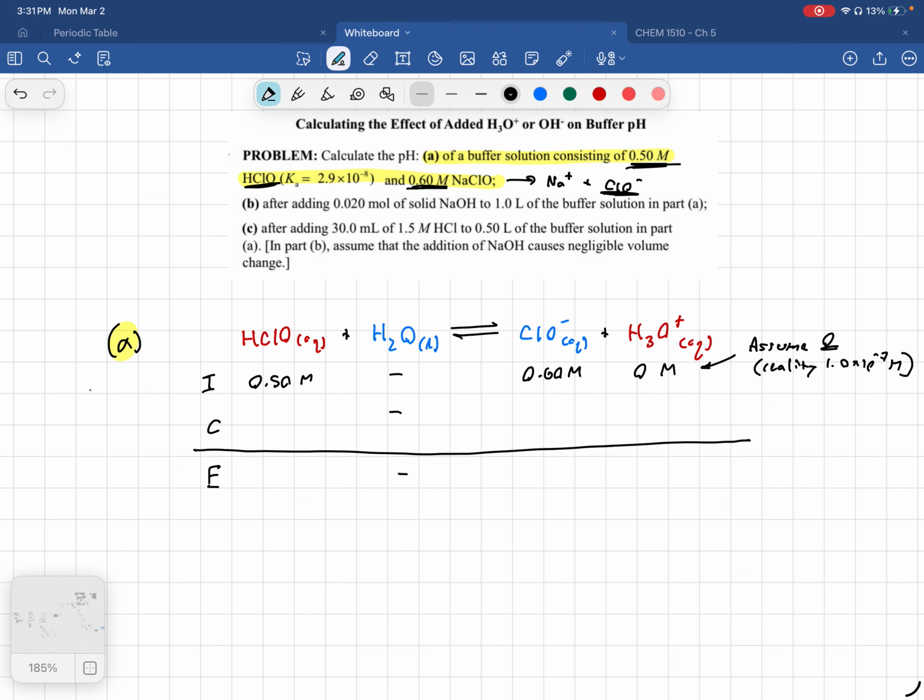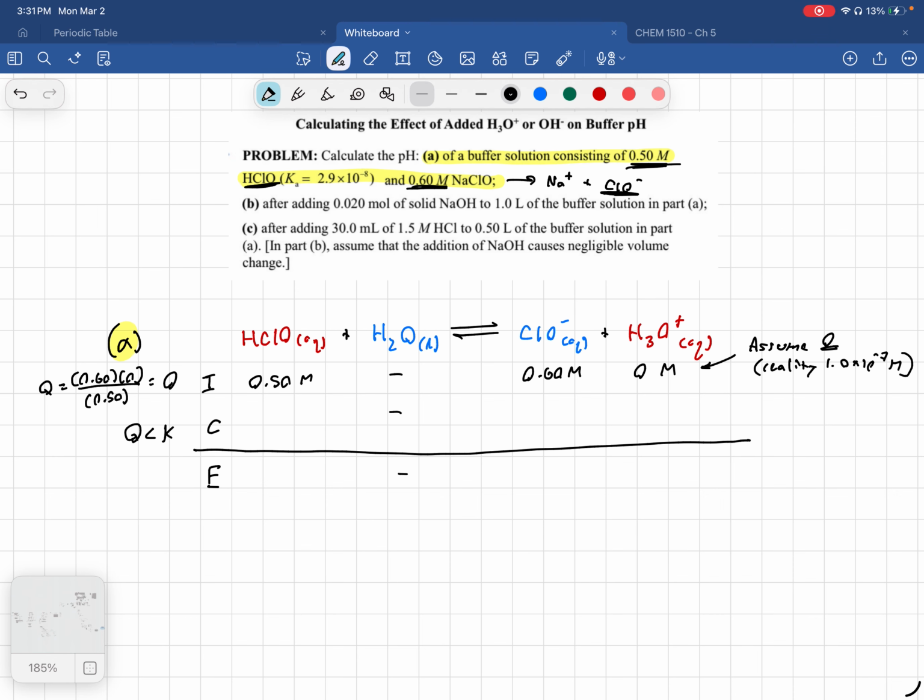So we're going to calculate Q here. Products to the powers of their coefficients over reactants. And so note, we get, as expected, and this is part of the reason we assume that the concentration of H3O plus or OH minus, if we were doing that type of buffer, is 0. We kind of ignore the contribution to the amount of H3O plus or OH minus from pure water. So that's 0, which means Q is less than K, which we can already see there.